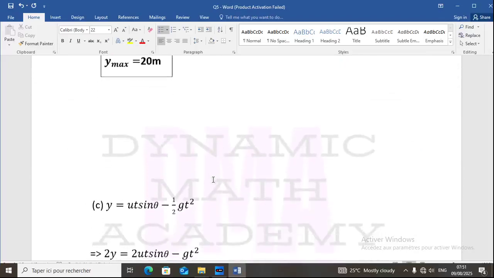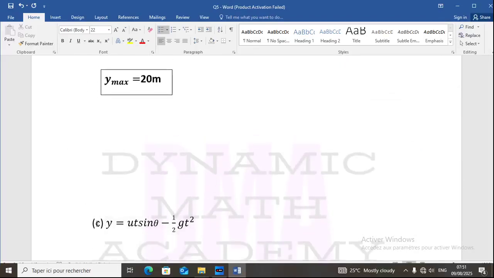Okay, we know that this is actually the vertical distance. You know that y is equal to u t sine theta, minus a half g t squared.